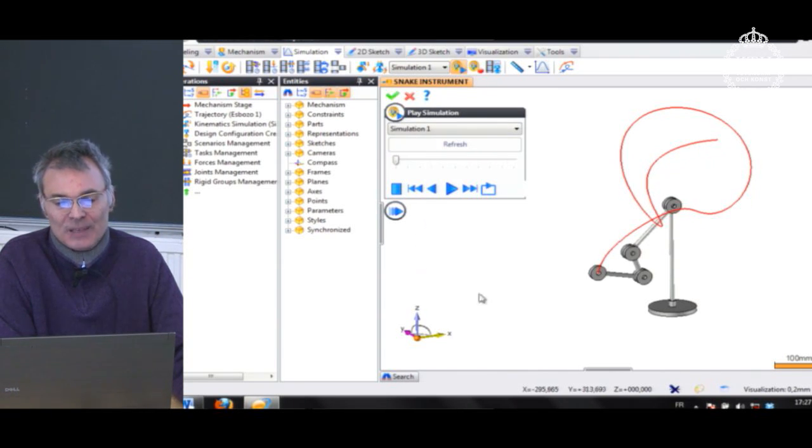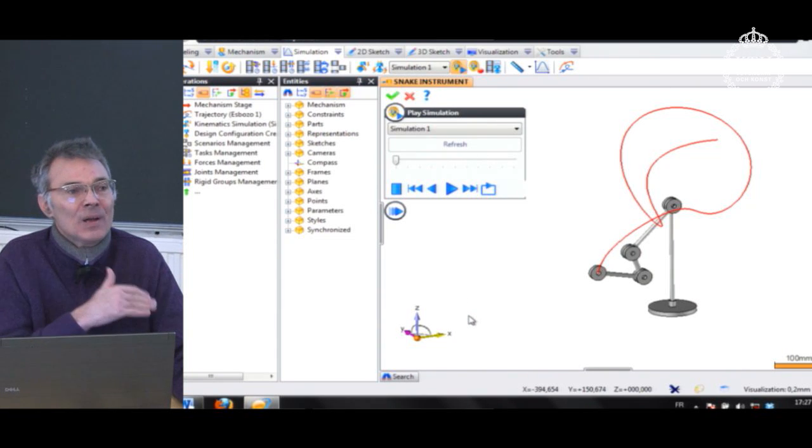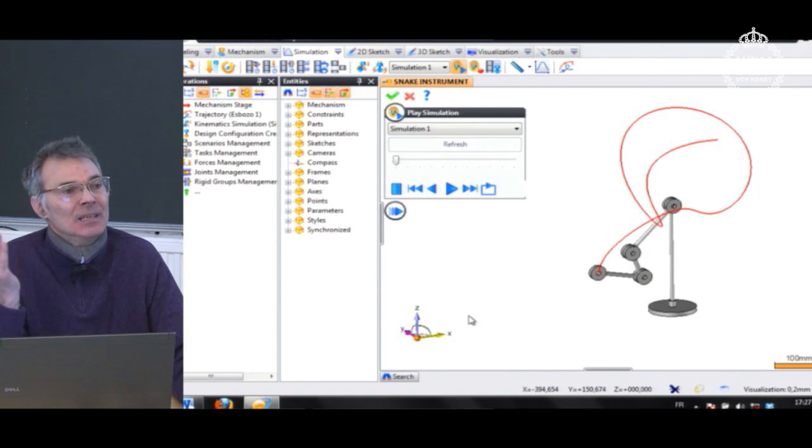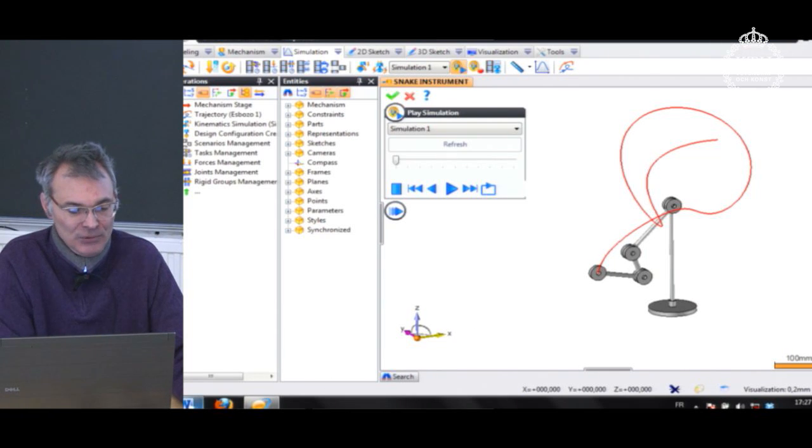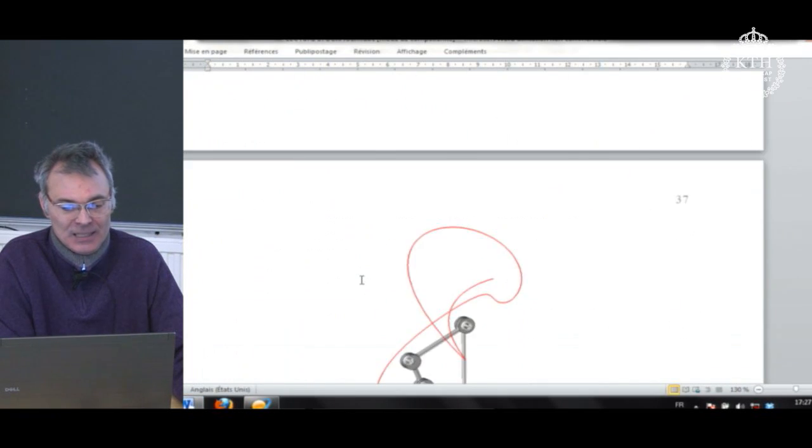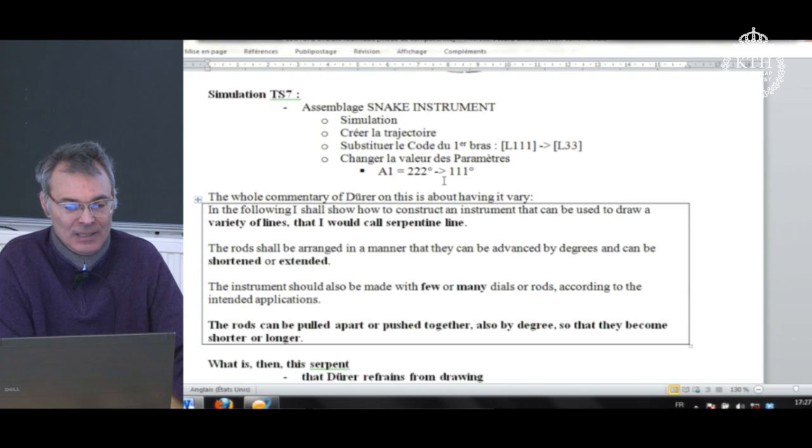But of course, this is only one of the many snake lines that you can get with this instrument. Because if you read the text of Dürer, this is what he says. "In the following, I shall show how to construct an instrument that can be used to draw a variety of lines that I would call serpentine lines.